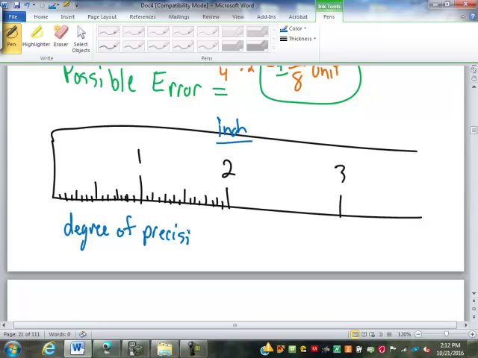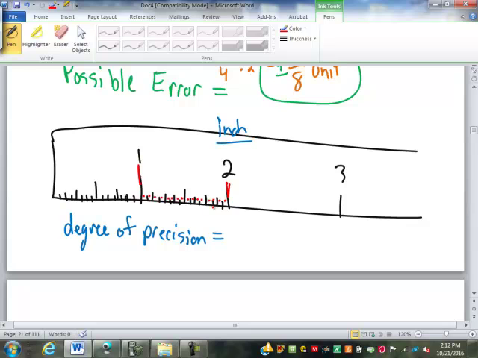Well, we have to figure out what each one of those divisions stands for. So between 1 inch and 2 inch, how many divisions do we have? Now we're going to count the spaces, not the lines. So we have 1, 2, 3, 4, 5, 6, 7, 8, 9, 10, 11, 12, 13, 14, 15, 16.